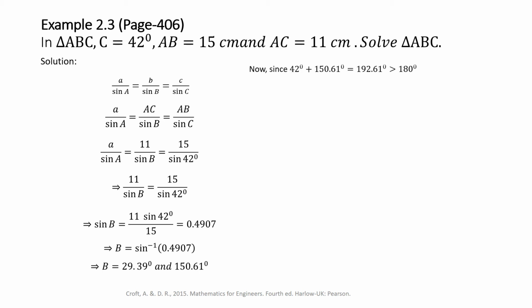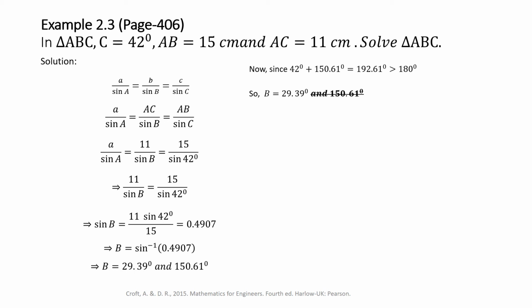Well, again it's a matter of cases, but if we look at the last choice, 150.61 degrees, if we add this to the given angle 42, it comes out more than 180 degrees. So in this case we don't have two situations, only the B angle is 29.39 degrees.